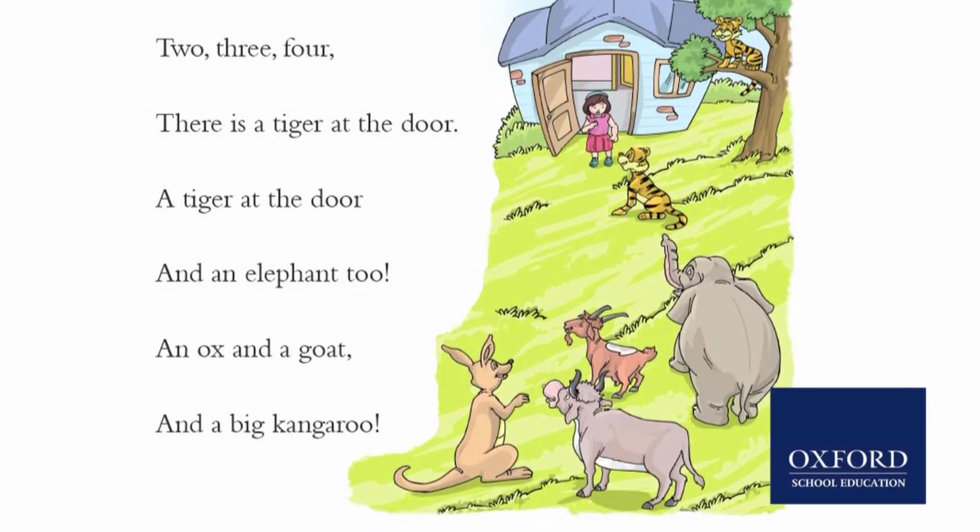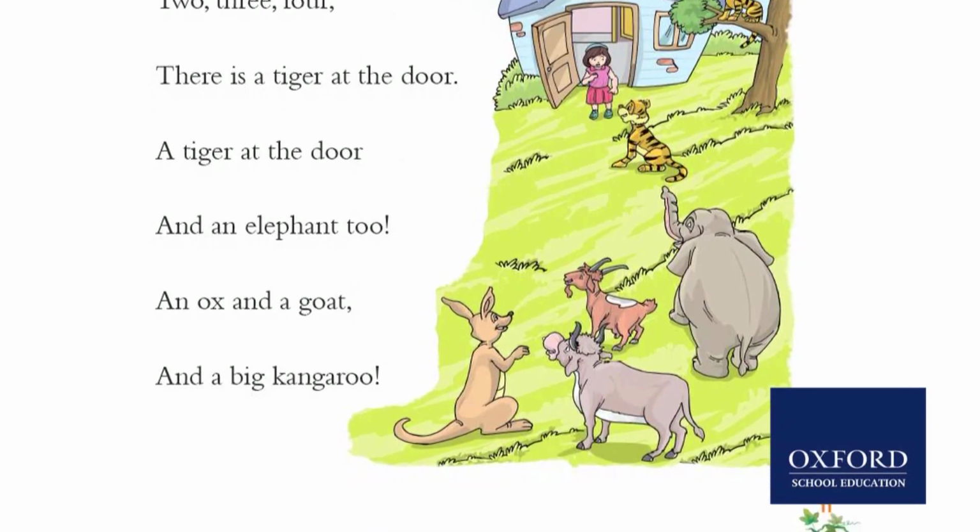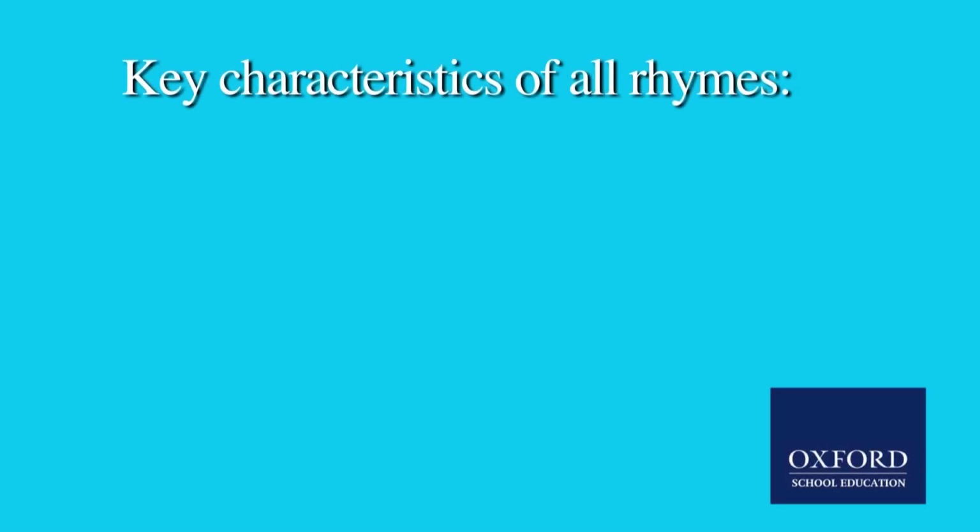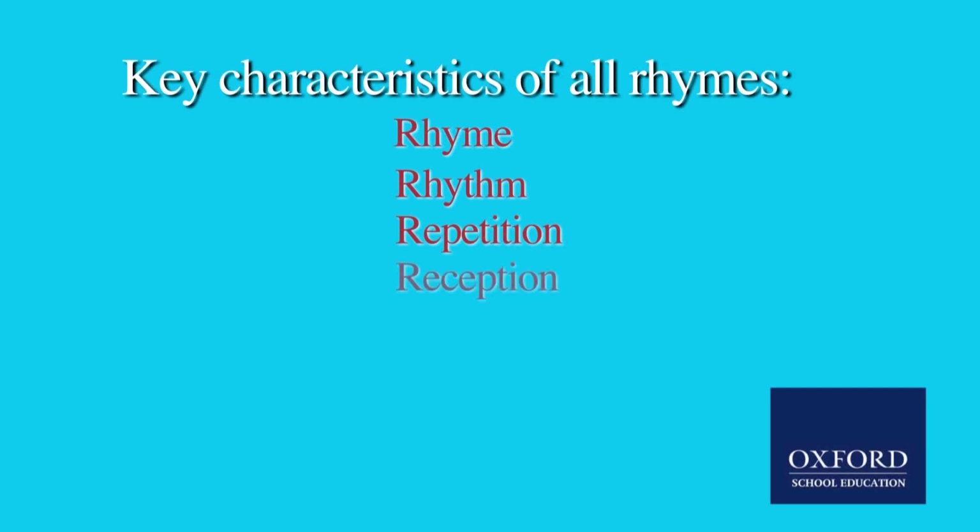When we give these rhymes to children, we find that they're very receptive to them, and they can retain these rhymes and reproduce them. So these are the 6 R's that I spoke about earlier. Rhyme, rhythm, and repetition lead to reception, retention, and reproduction.